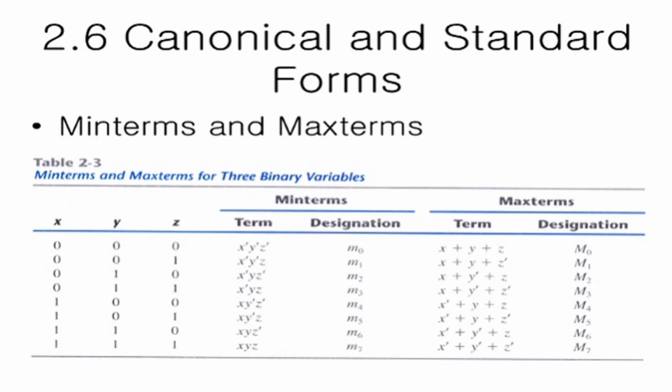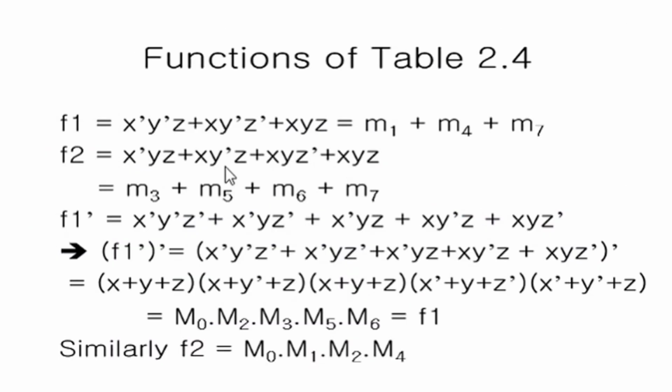Shall I go for the next thing? Consider the question they have given, F1 is equal to x bar y bar z plus x y bar z bar plus x y z.